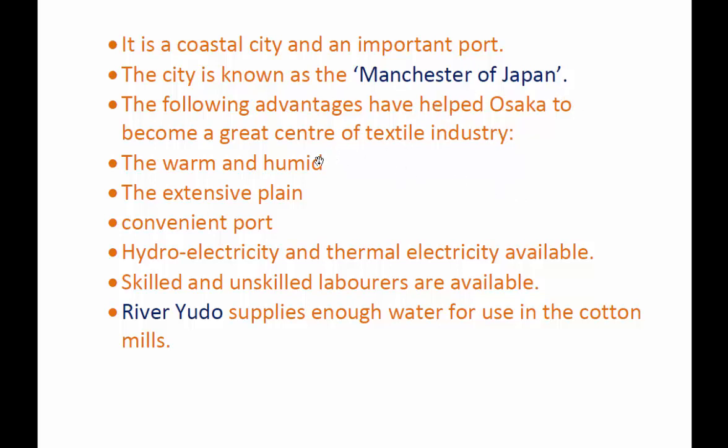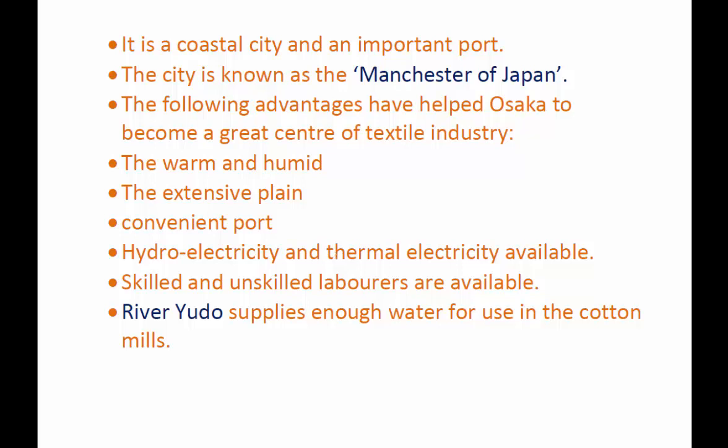So they have some advantages for setting up this cotton industry. One of the reasons is they have a warm and humid climate. They have an extensive plain, as we can see in this picture, and they also have convenient ports for exports and for the transportation of their products.